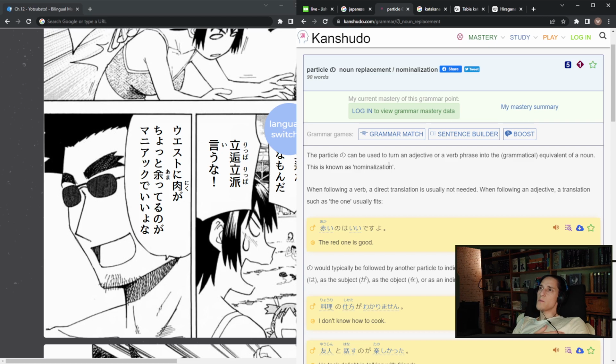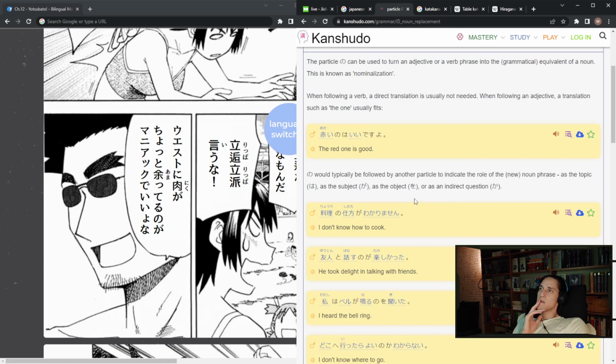The particle no can be used to turn an adjective or a verb phrase into the grammatical equivalent of a noun. This is what I'm looking for. This is known as nominalization. When following a verb, a direct translation is usually not needed. Well, not direct, indirect, yeah. When following an adjective, a translation such as the one usually fits.